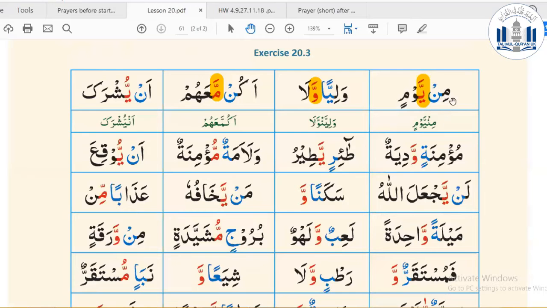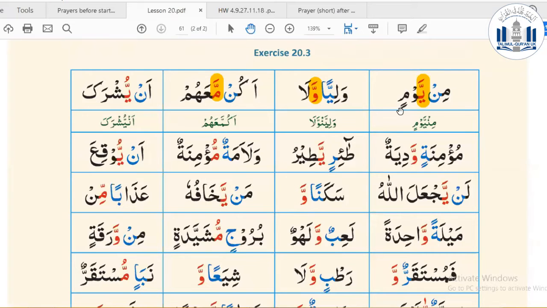But when you produce that nasal sound in the middle, between the meem and the ya, you must hold that nasal sound in your nose for 2 seconds. So try that again. Miyo min. Miyo min.